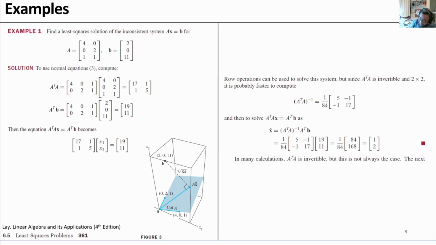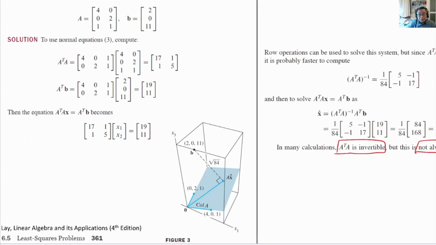Now, this example reminds us that in this example, A transpose A is invertible, but this is not always the case, and we always have to check. Let us now use a figure to interpret. The columns of A are in R3.